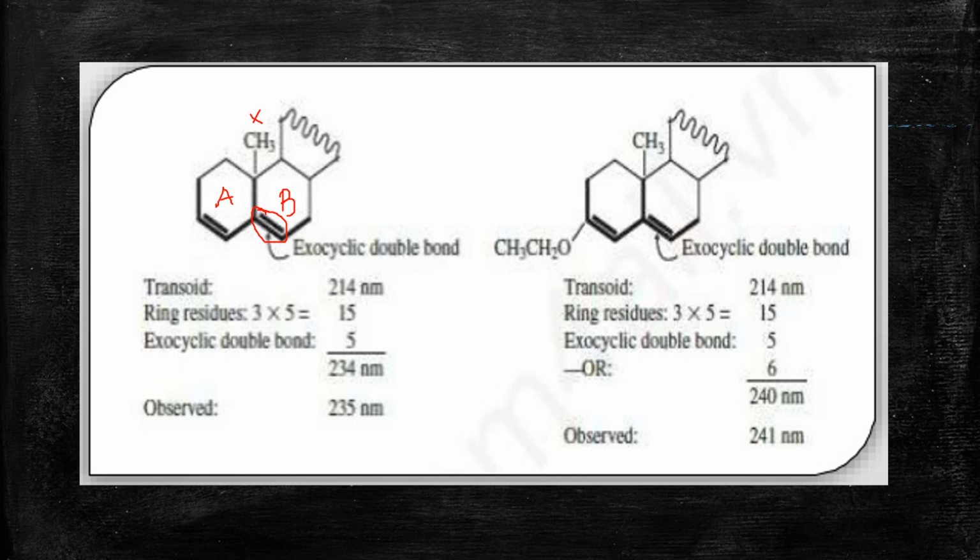When we come to the ring residues, see here: double bond, single bond, double bond. See the first double bond, the adjacent carbon is free, so it has one ring residue, RR. Focusing on the second one, this is the second ring residue, 2RR.